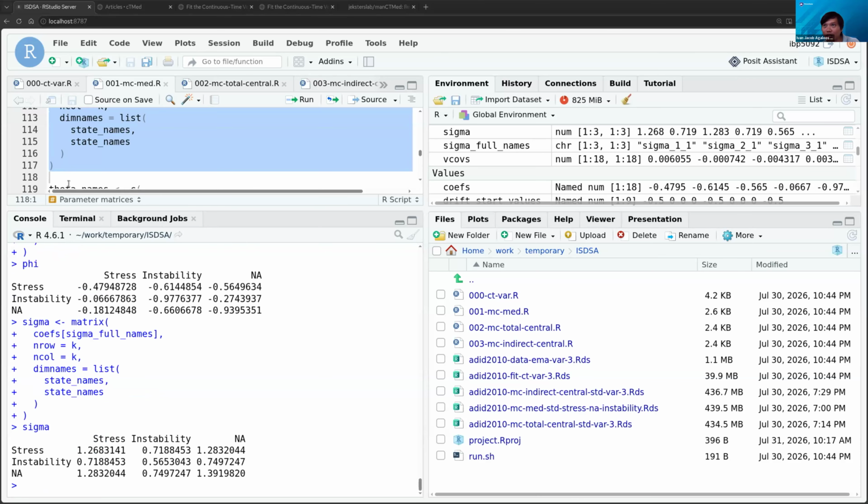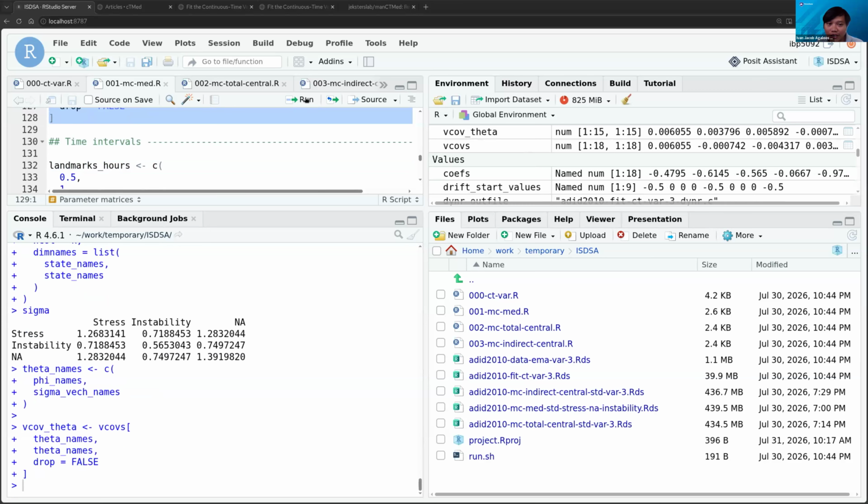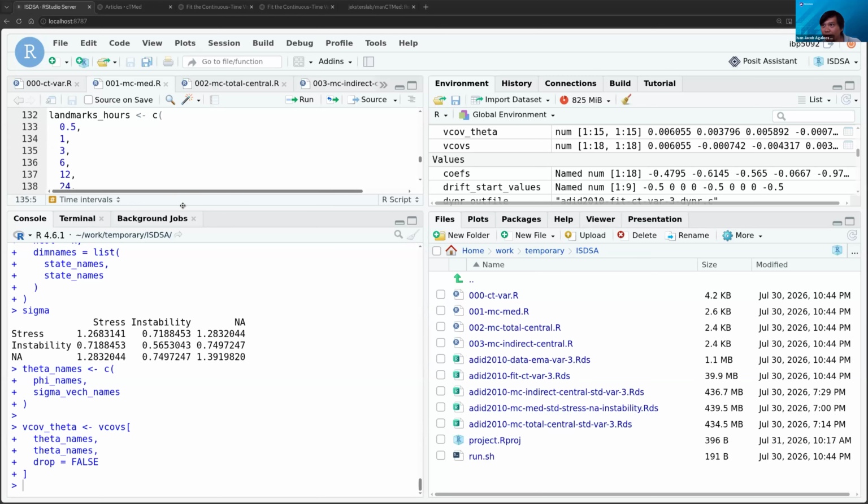At the same time, you put them in a vector as theta, and you need to extract the sampling variance covariance matrix. If you're familiar with it, standard errors are the square root of the diagonal of the variance covariance matrix. You need to extract the entire one because effects are not independent from each other, so they're also associated.